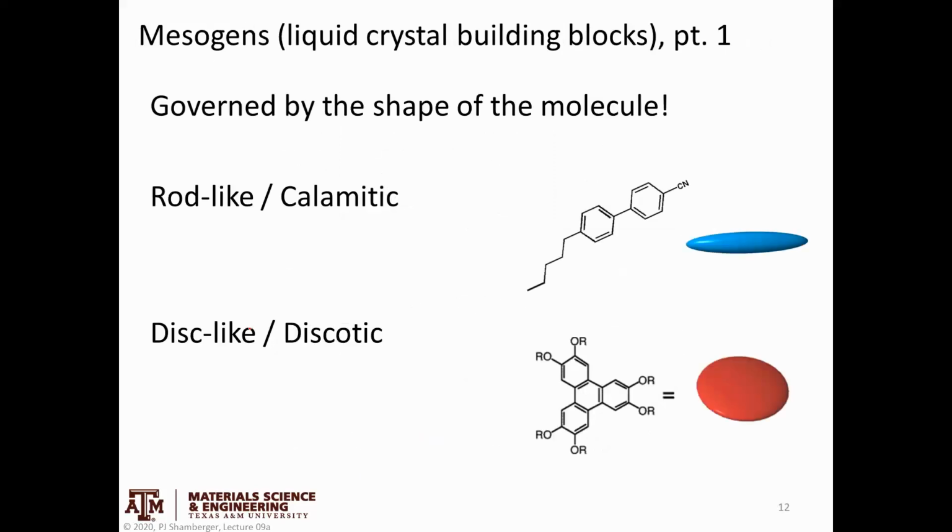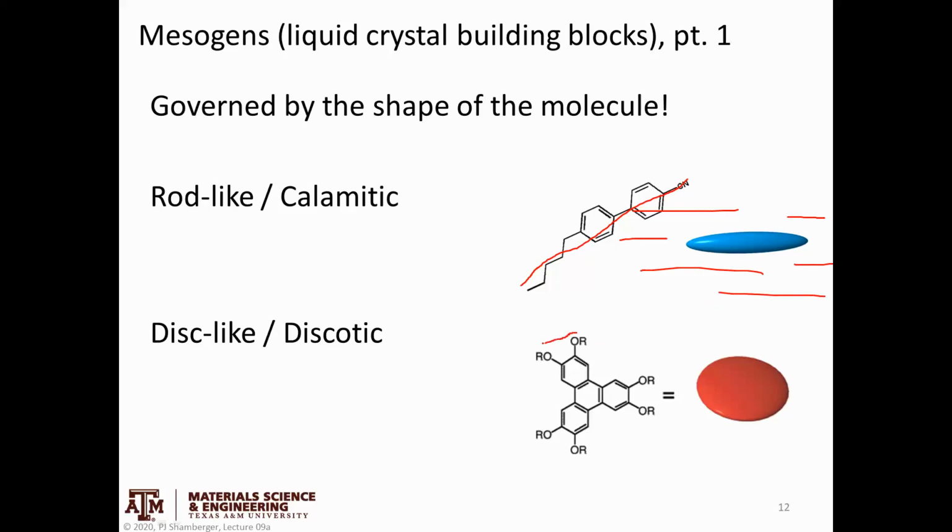At the very first level, we can classify liquid crystals by the shape of the molecule. It's important to note that the shape is what gives it some degree of order. If we have a rod-like structure, a long axis in a molecule, this is something relatively rigid, and so it wants to maintain a rod, and you tend to have these kinds of molecules lining up with respect to each other.